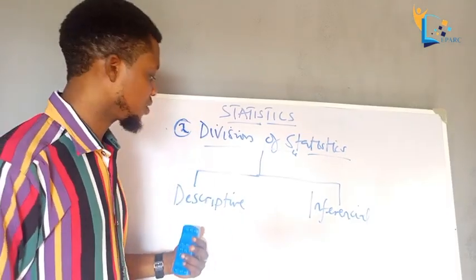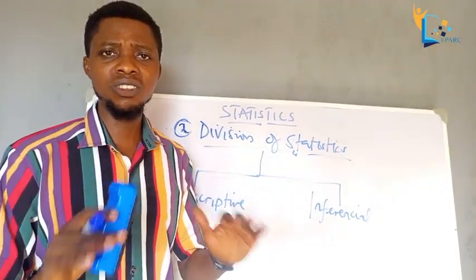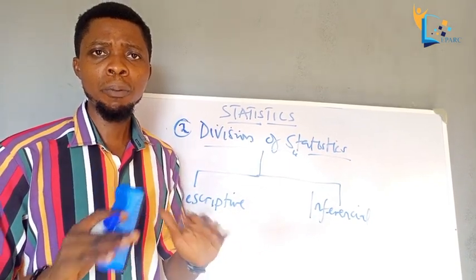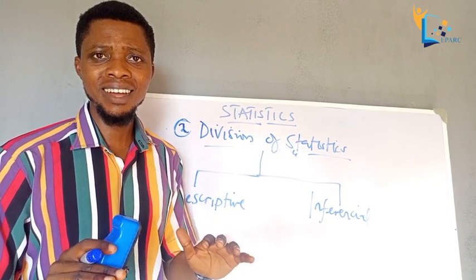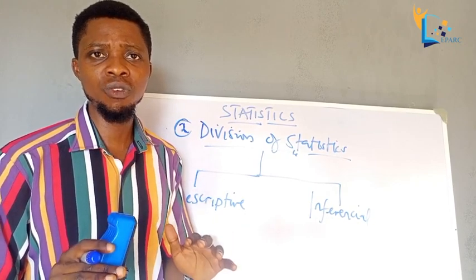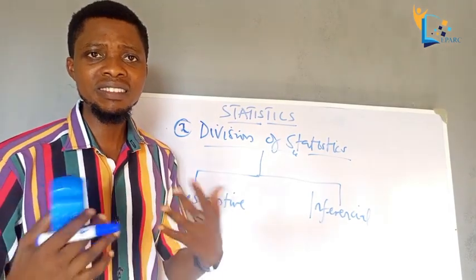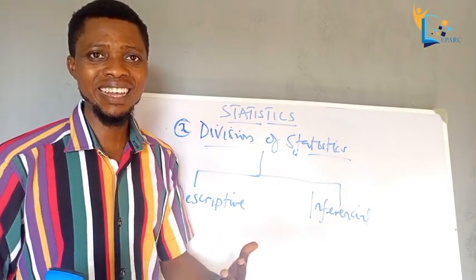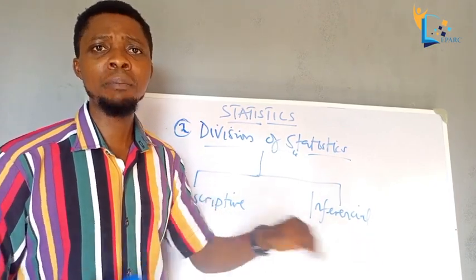So when we say descriptive statistics, it is concerned with the purpose of describing data or analyzing data without the intention of making inferences. It's just to describe data so that it can be easily understood and easily analyzed. While inferential statistics, in this case, we are making deductions.